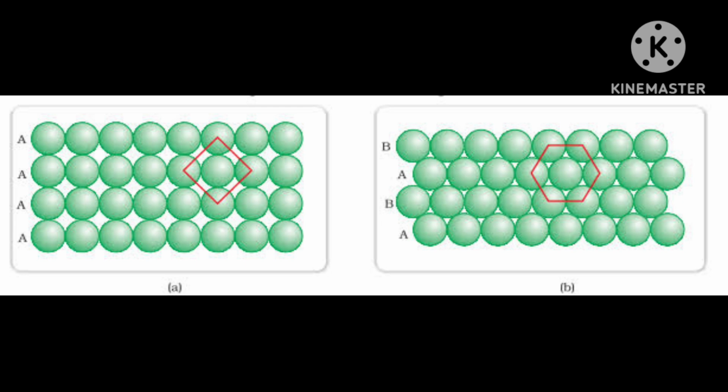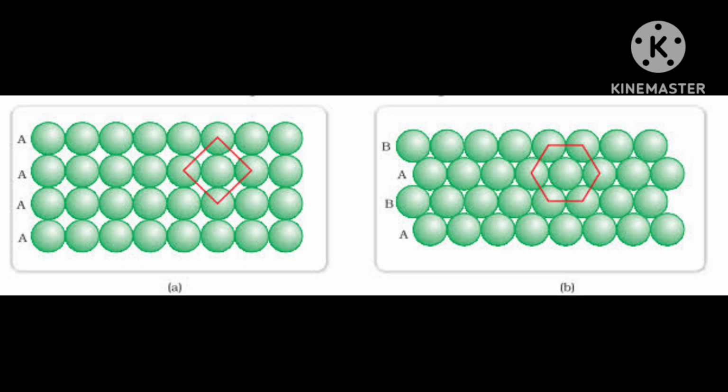Like that 4 rows are there and all are touching to each other head on. Then obviously if you see the diagram of the arrangement, you will find that between each four, in the middle, one gap is there.